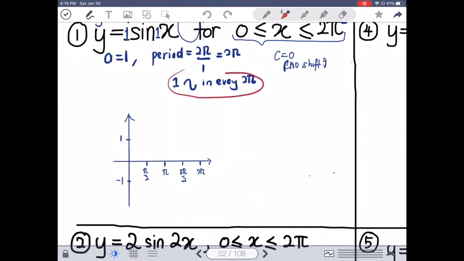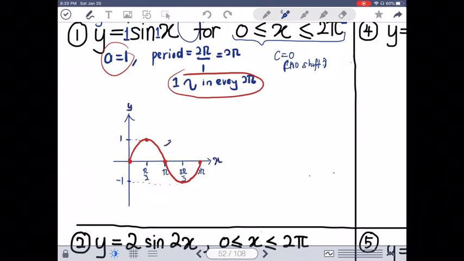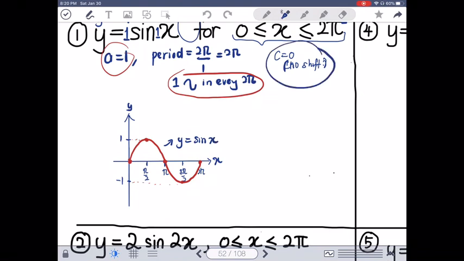Okay, the keyword is one cycle in every 2 pi. So amplitude is 1. So the highest point is 1 unit, the lowest point is -1. So basically this is just the basic graph, and this is the graph of y equals sine x. Since c is equal to 0, there is no shift.